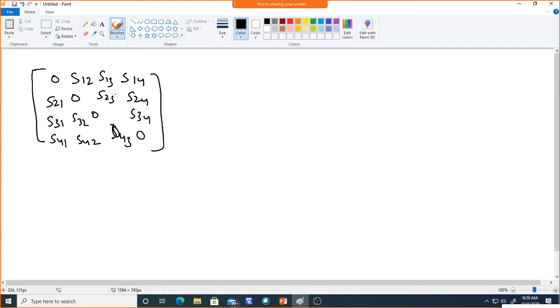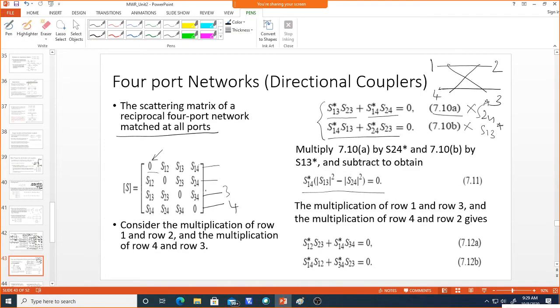If you take this and multiply, you will get it. So I will directly write that equation, and if you multiply the complex conjugate by this equation and subtract, you will get this equation.